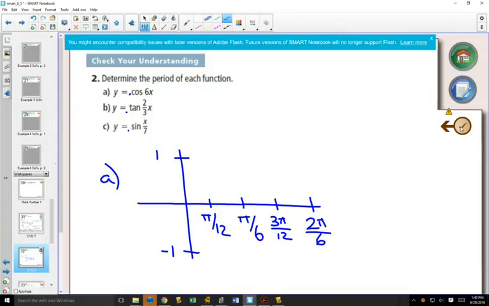Always. Unless it's like a -4, you have to remember the amplitude is always positive. But whatever number's in front will be your amplitude. Now, where does cos start? Cos starts at a maximum. So once we got our maximum, it goes down to the center line, down to minimum, back to the center line, back to the maximum.